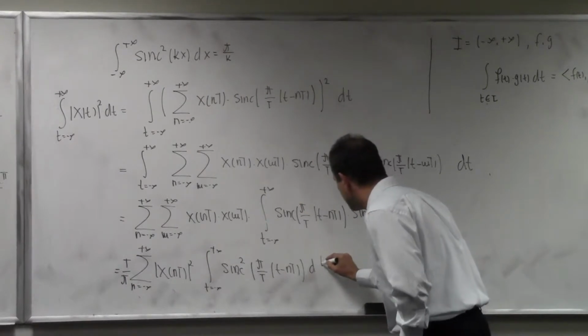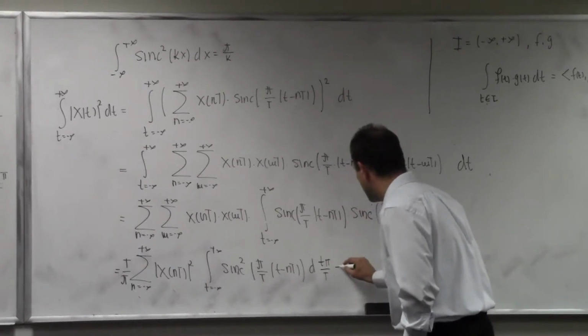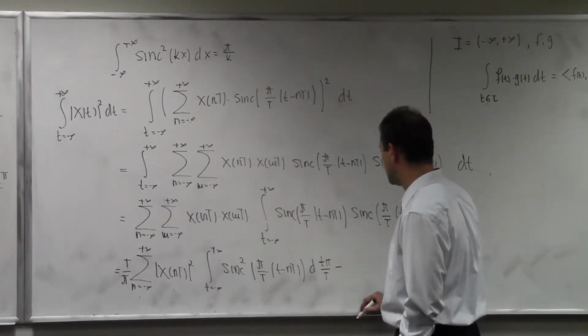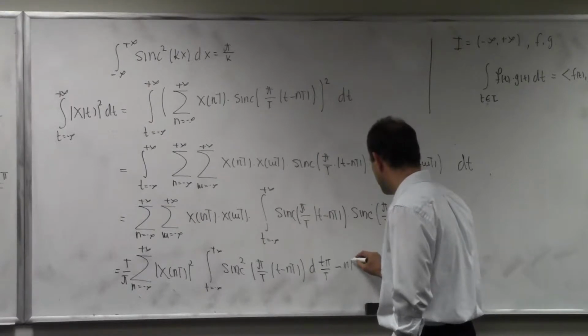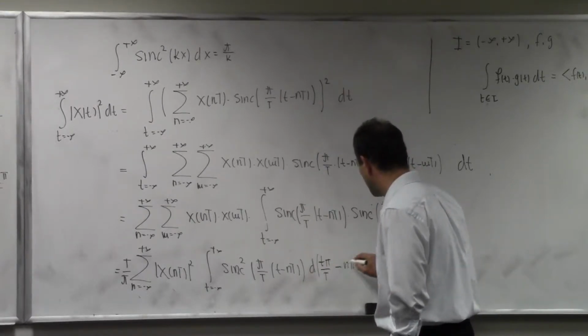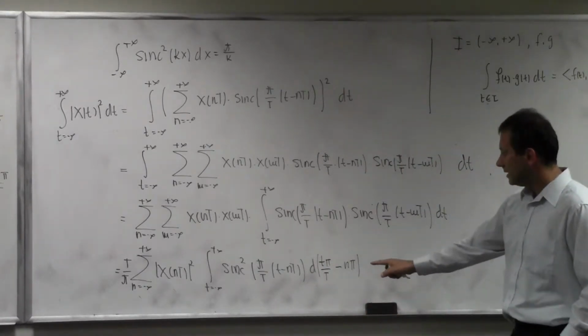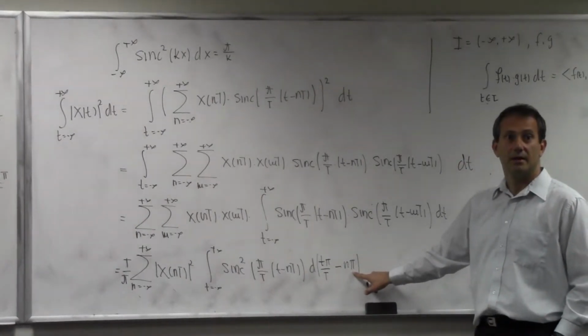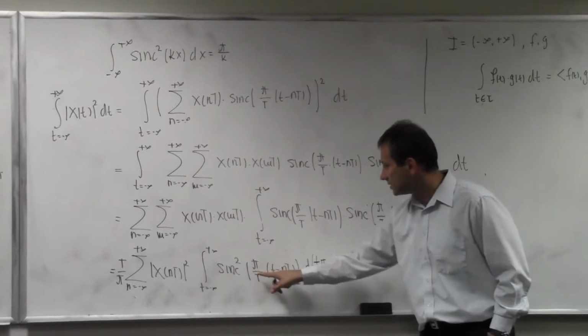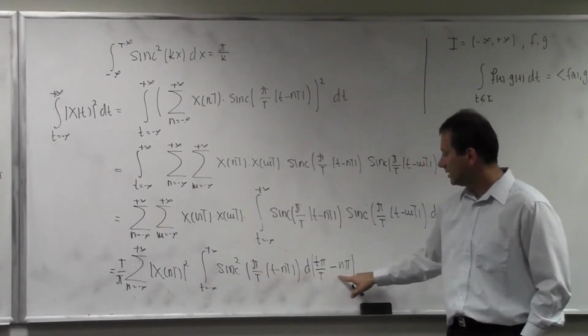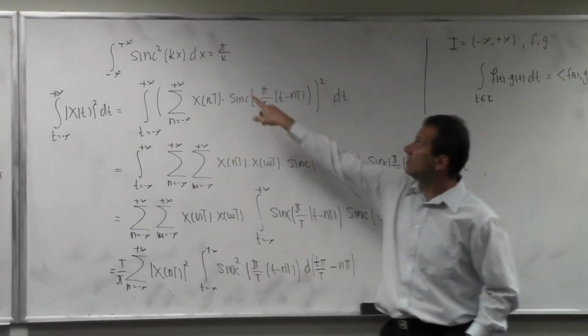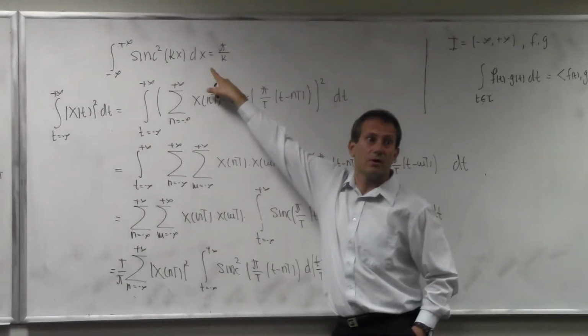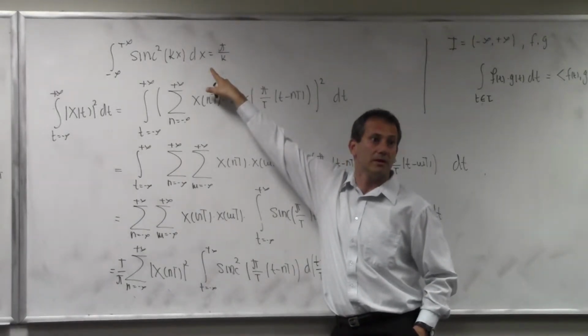I can write just this dt, and what did I do? I multiply by pi, divide by T, and then I can subtract n pi. Right? I can do that. And this pi over T times t minus n pi, I can call that x. And then you see here that I have sinc squared of x dx, which is the same as this for k equal to 1.